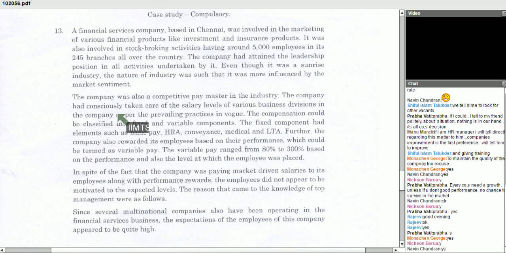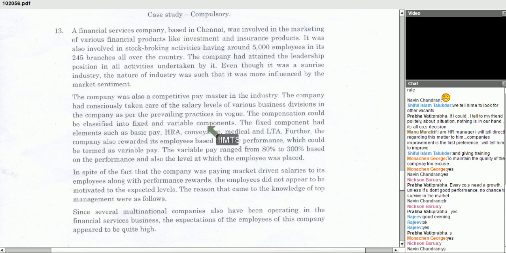Okay, now let's read further. The company was also a competitive paymaster in the industry. Competitive paymaster means it pays a handsome salary to its employees, a very good salary which is competitive or more than the market pays. The company has consciously taken care of the salary levels of various business divisions as per the prevailing practices in vogue.